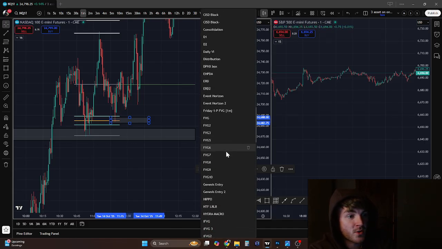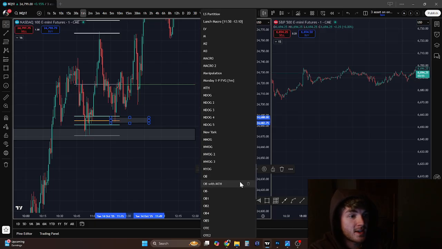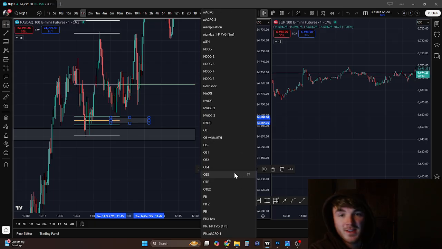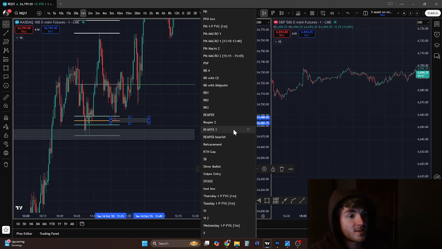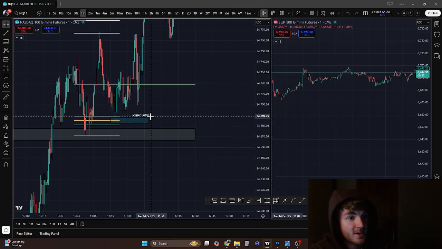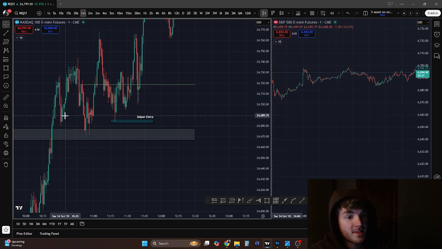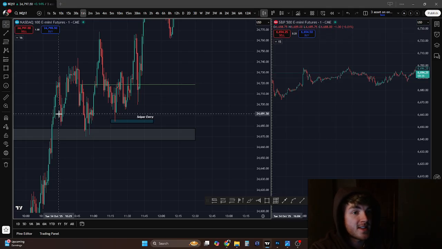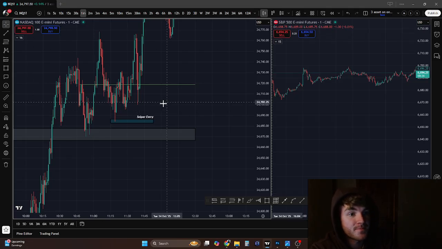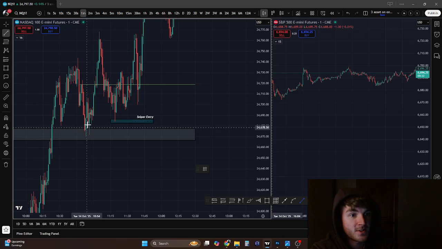And the craziest part about this is, pair this with the true open of this cycle on the 90-minute cycle. Check this out. What's the true open of this cycle? This is the 90-minute cycle from 10:30 to 12. The true open is 10:52.